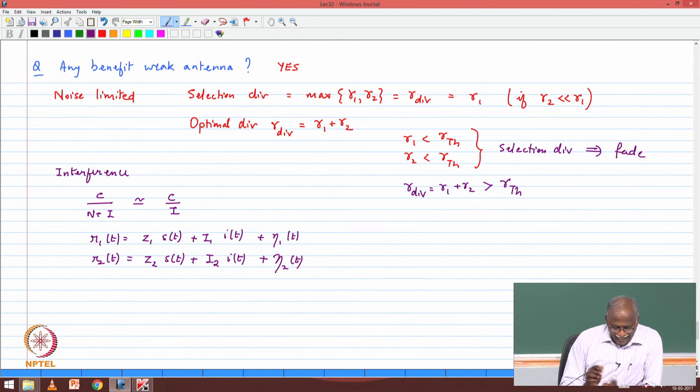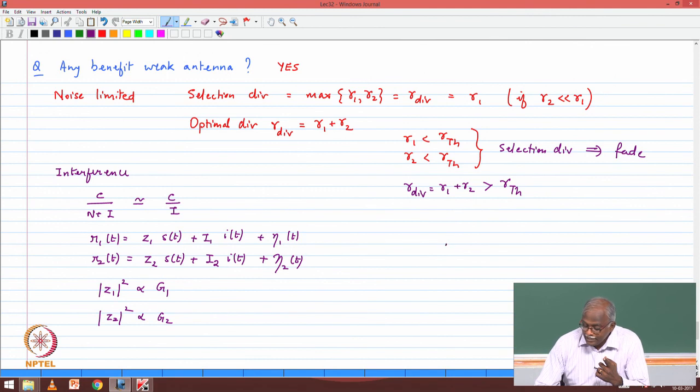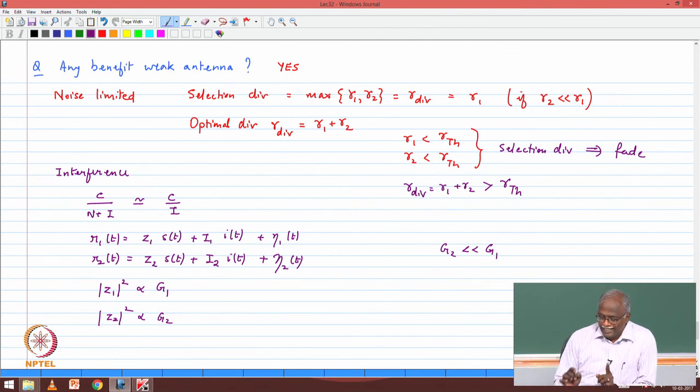I am going to write down a statement which I want you to think about. The signal strength Z1 squared is proportional to the gain of antenna 1. Z2 squared is proportional to the gain of antenna 2. The assumption that we have made is that gain 2 is much less than gain 1. So the question is, is there any benefit?